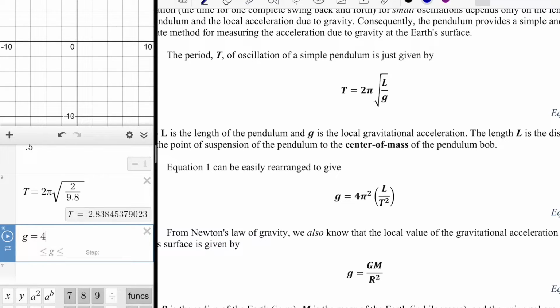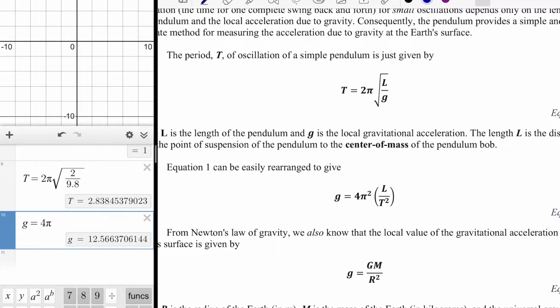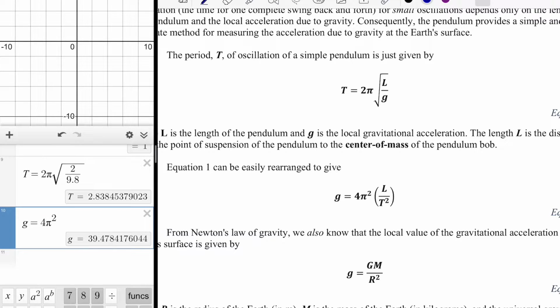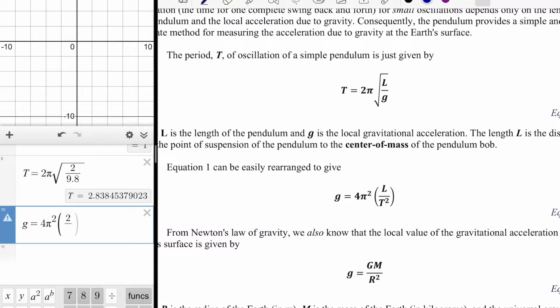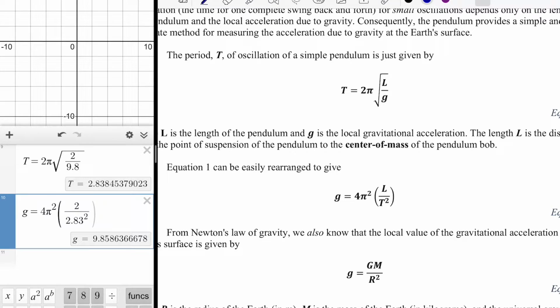So here I'm going to have 4 pi squared, and then just L over G. So we'll do 2, just one example, and then a period, which would be, let's say, 2.83. I could have copied that over, of course, but here I just want to do an estimate. Okay, yeah, so this formula is sound. So definitely it is something I did, a little mistake I made with the graph, because this all checks out. This should give us a value of 9.9, right?